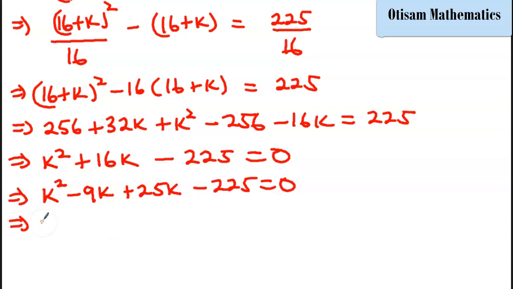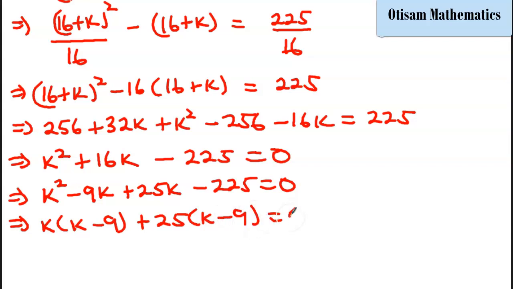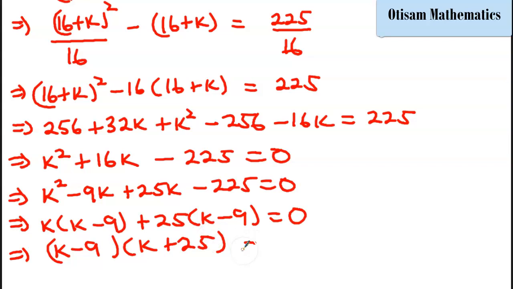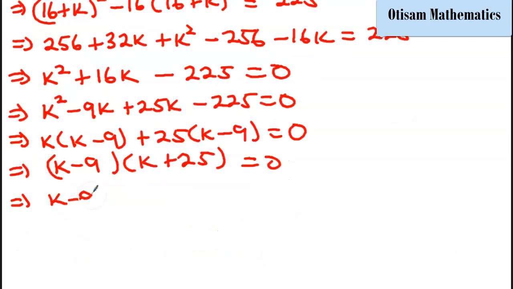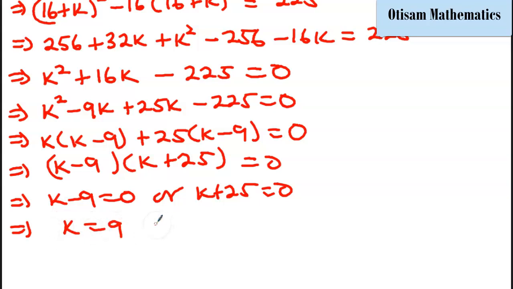So we have k into bracket k minus 9 plus 25 into bracket k minus 9 is equal to 0. So k minus 9, then k plus 25 is equal to 0, which means that k minus 9 is equal to 0, or k plus 25 is equal to 0. So k will be equal to 9, or k is equal to minus 25.